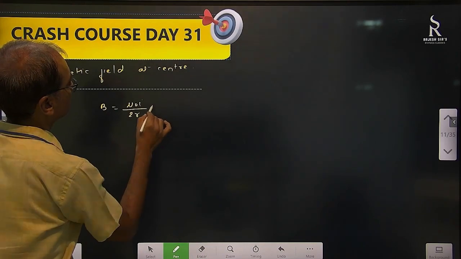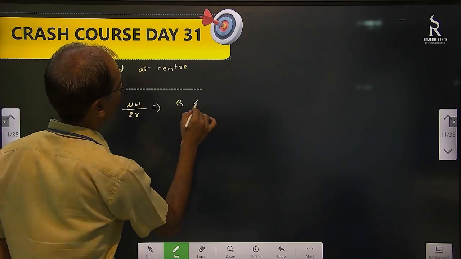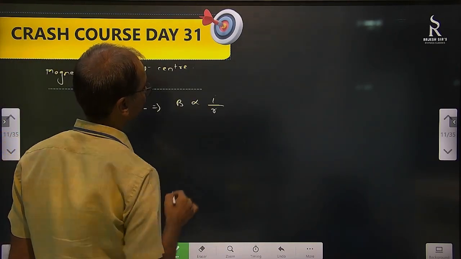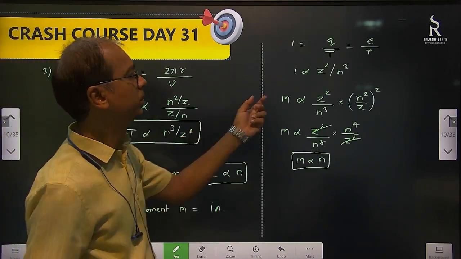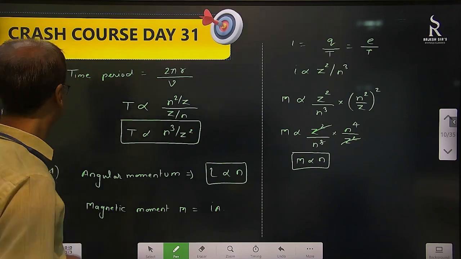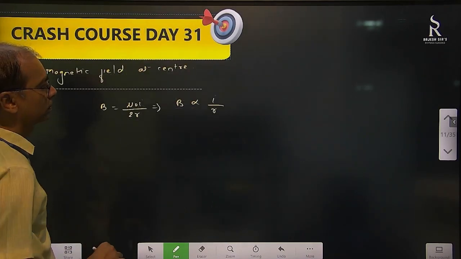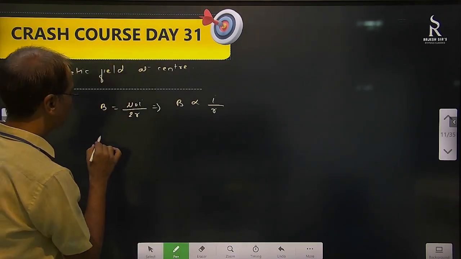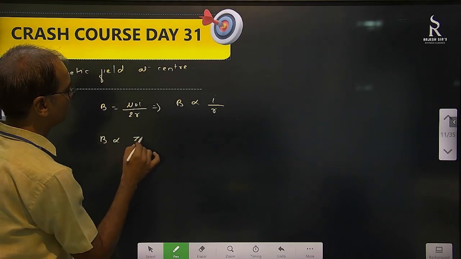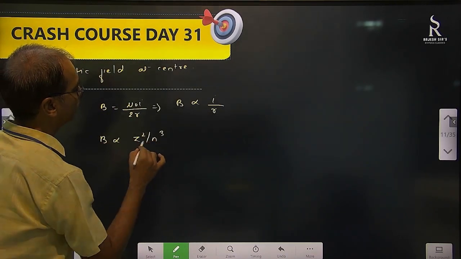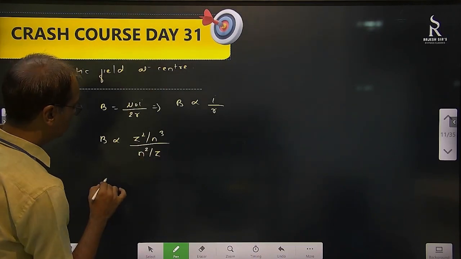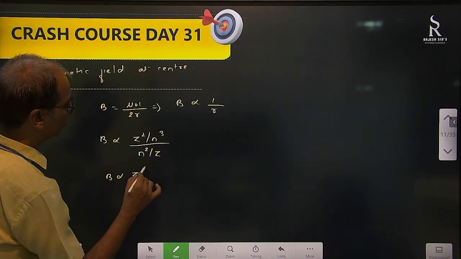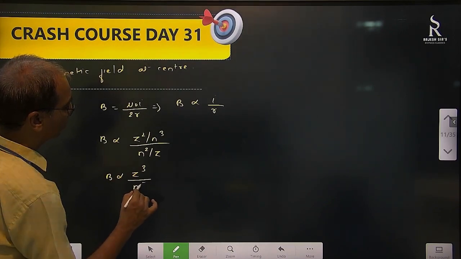So if you are searching the proportionality, then B is proportional to I by R. Let's go back and check what is I. I is proportional to Z square by N cube. So B is proportional to first Z square by N cube, then there is R. R is proportional to N square by Z. So B is proportional to Z cube by N to the power 5.